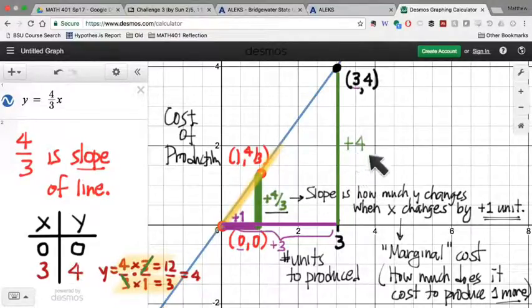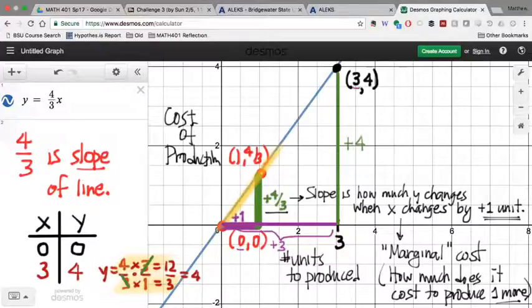All I have to do is take this +4 and this +3 and do what with them to get my slope? Just divide. Make the change in y the top part of a fraction, make the change in x the bottom part of the fraction. And that ratio, that relationship, gives us the slope.